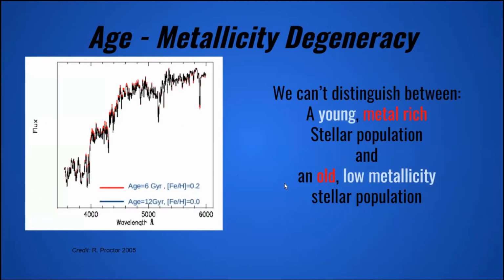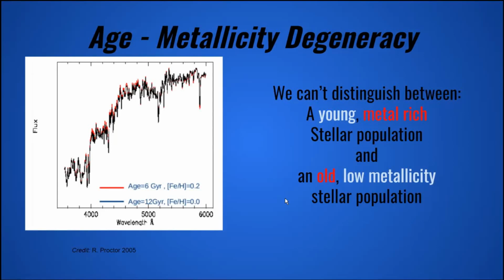Right, the main problem we have here is the age-metallicity degeneracy. One thing that is very difficult to disentangle is whether we're looking at a young galaxy that has a high metallicity, or if we're looking at an old galaxy that has very low metallicity.